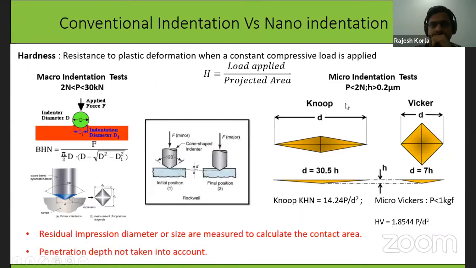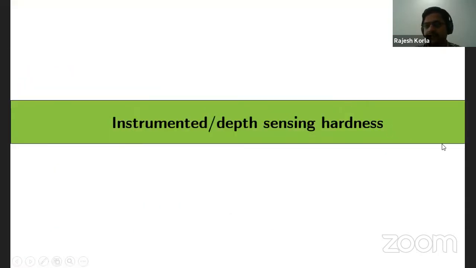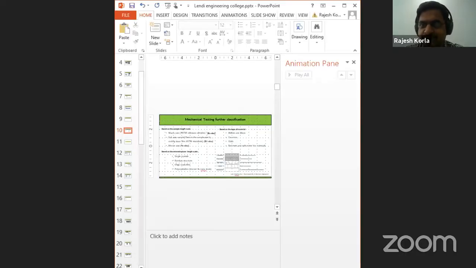It is showing instrumented depth sensing hardness. Now it is showing the mechanical testing classification slide, but something is wrong, what I'm seeing is different from what you're seeing.